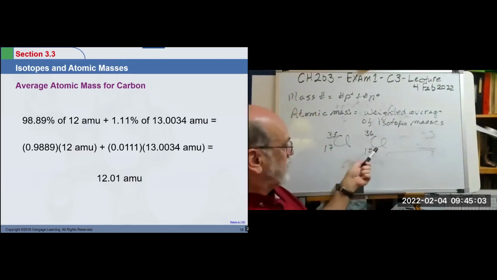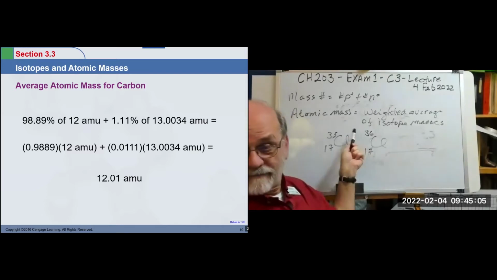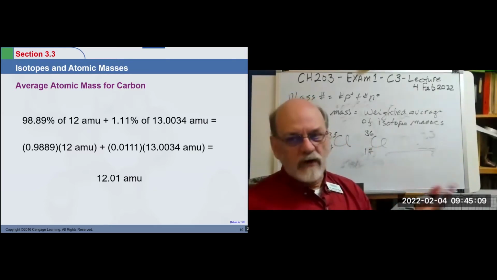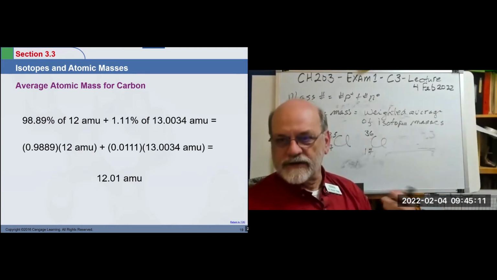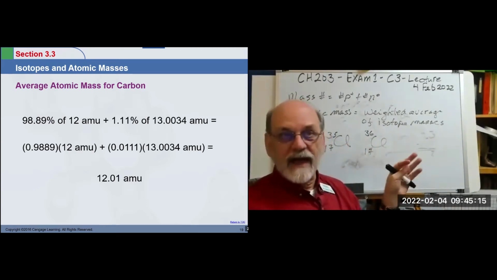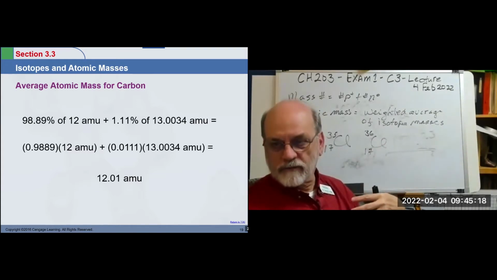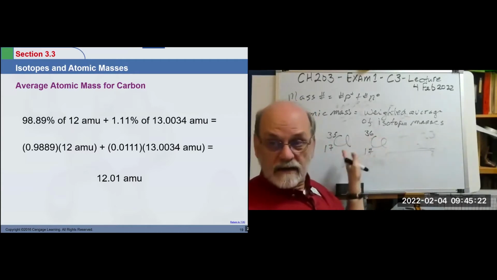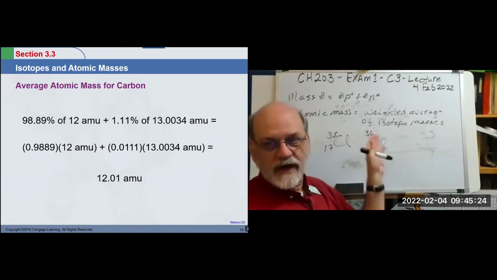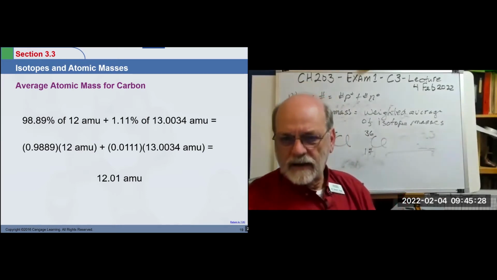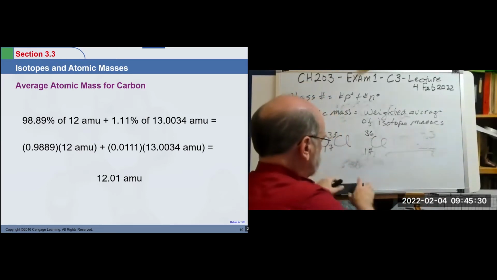So if it's half this one and half this one, it's going to be right in the middle, isn't it? Okay. Most are not like that. Chlorine is an exception. These two apparently are very stable, and for some reason over Earth's history, we've accumulated an almost equal amount of each of those isotopes. All right, so stop me anytime if you have questions.